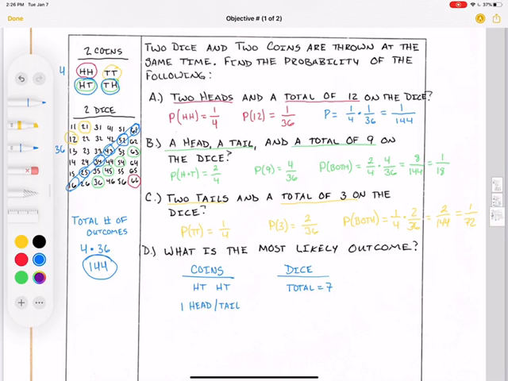There are 1, 2, 3, 4, 5, 6 times where you can roll 2 dice and get 7 as your total. So this is the most likely outcome: 1 head, 1 tail for your coins, and a total of 7 for your dice.